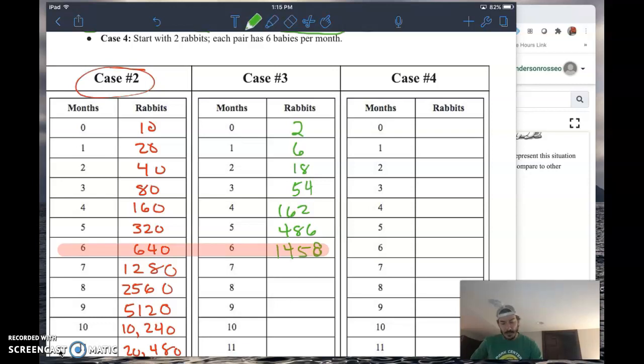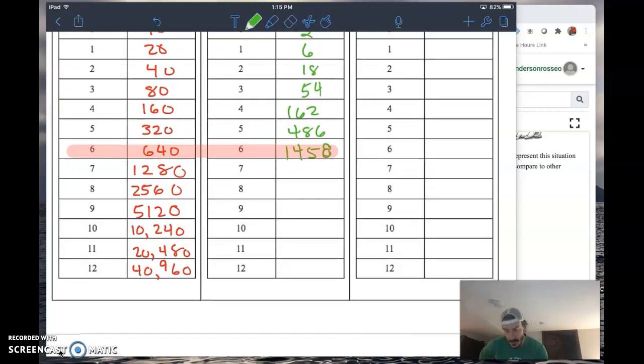Now, I'm going to just go ahead and keep doing this tripling for you guys. We are going to get pretty big pretty quick here. 4,374, 13,122, 39,366, 118,098, and then 354,294, and then 1,062,882.